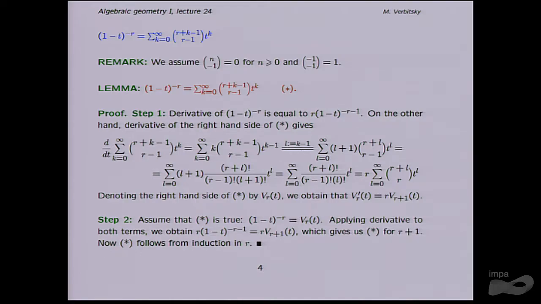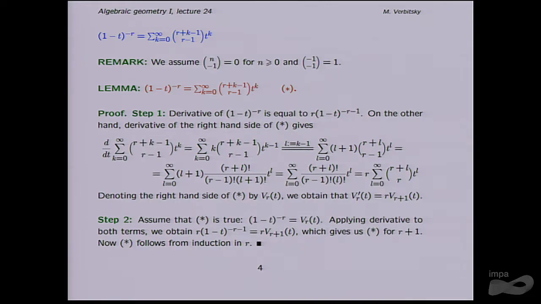You obtain a very similar expression for l, except now k, l minus 1 disappeared. Then you write this using the formula for binomial coefficients. l plus 1 cancels this l plus 1. You obtain this fraction of factorials.